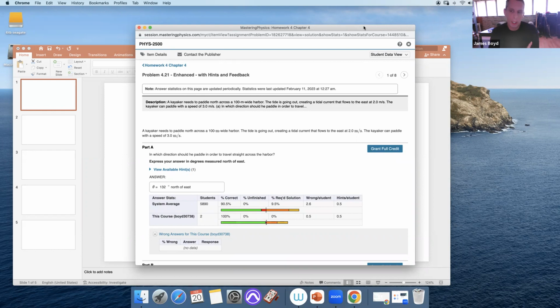In this first problem, we're talking about velocity addition, but we're also really talking about two-dimensional motion. What we have is a 100-meter wide harbor, and a current flowing to the east of 2 meters per second, and a kayaker that can paddle at 3 meters per second.